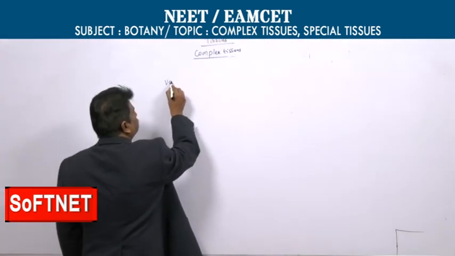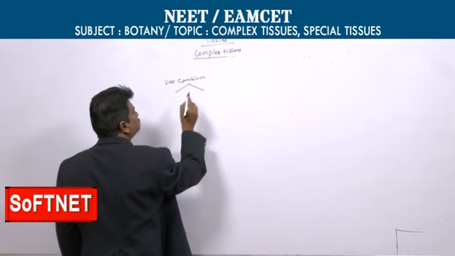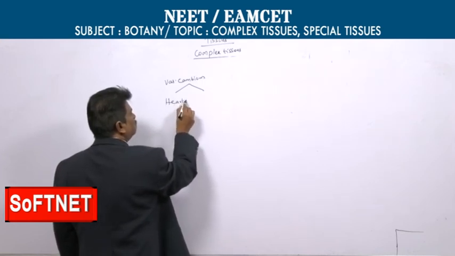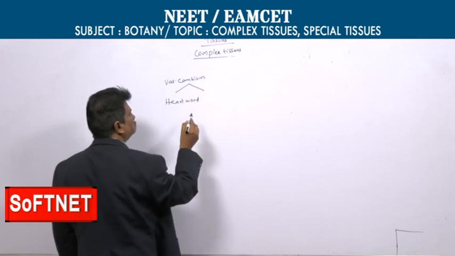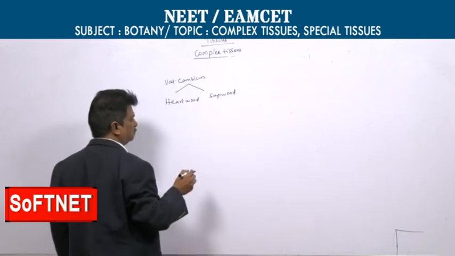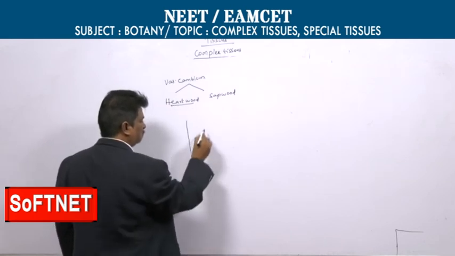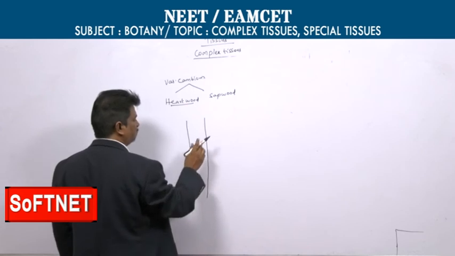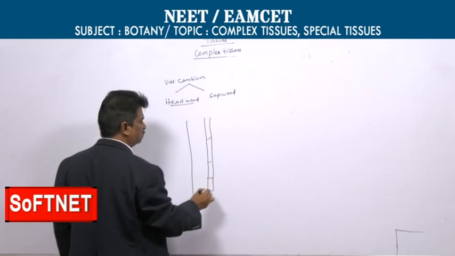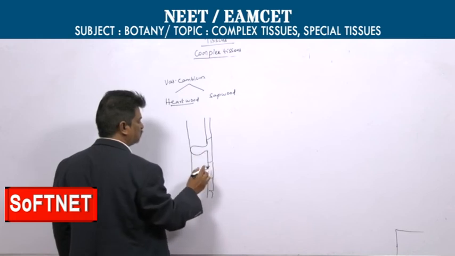Your vascular cambium produces two types of wood. One is heartwood and the second one is sapwood. Here, the vessels of heartwood are blocked by balloon-like structures.